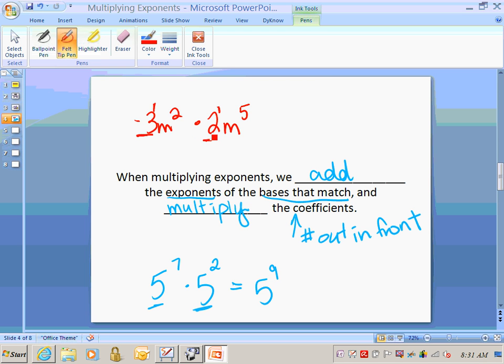So really, this is just negative 3 times 2, which is negative 6. So I'm multiplying coefficients, and my base is going to be m. So my base is m, and I have 7 that are multiplying. So this negative 6 is my coefficient. Okay, my m is my base, 7 is my exponent.